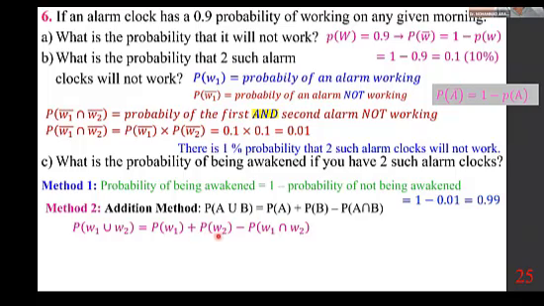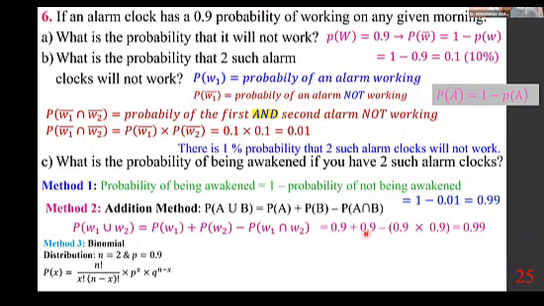What about the second one? Plus 0.9 minus what is the probability that they both work? They are independent, multiply. If you simplify, you end up with 0.99. So this is a second method to calculate this.